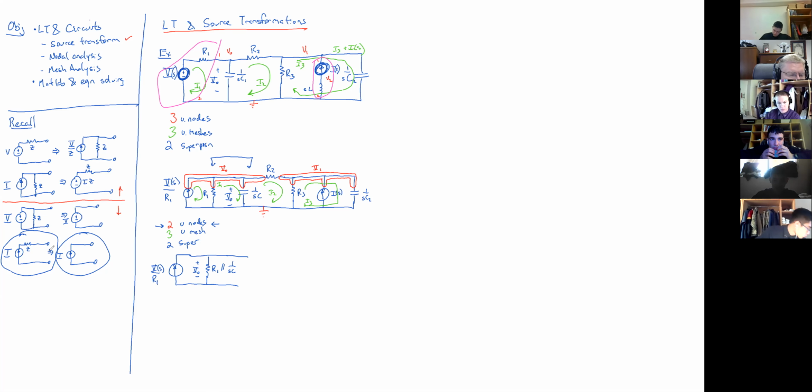Because seen from these two nodes, there'll always be I going in this side and out this side, no matter what that Z is. That Z could be big or small, and it's still going to be I coming in or out.